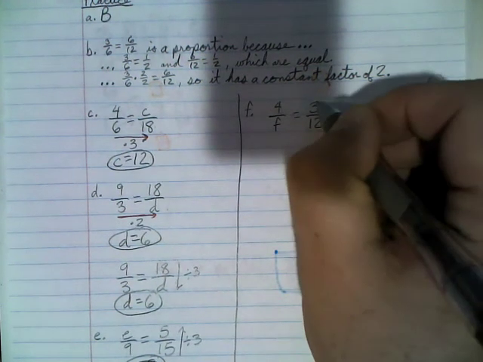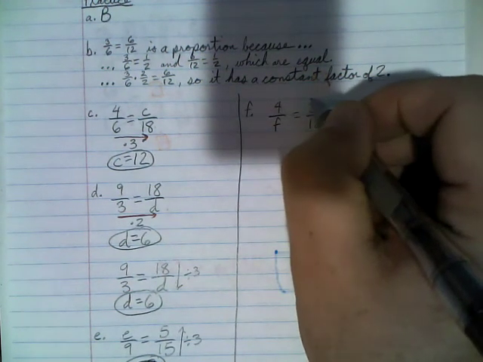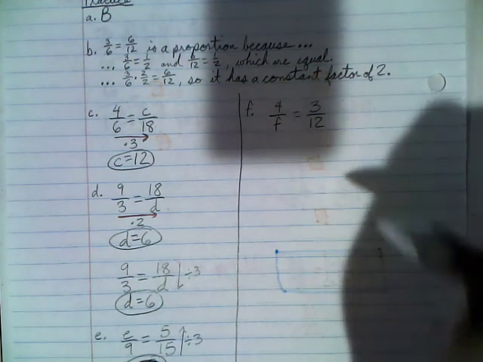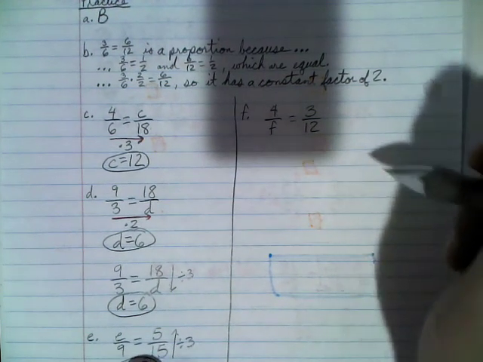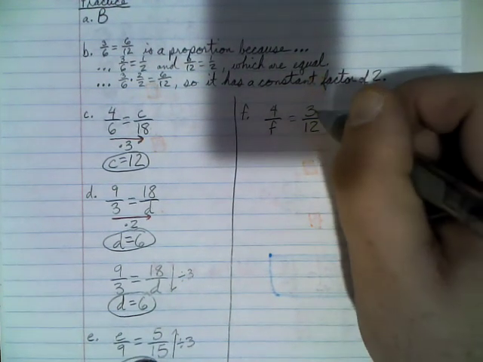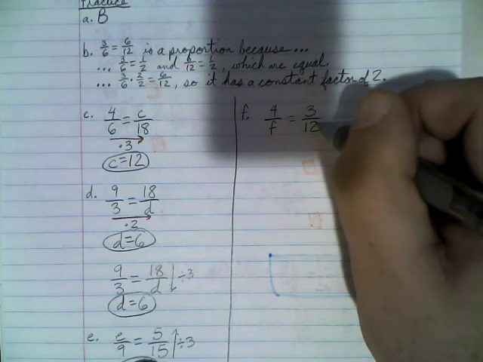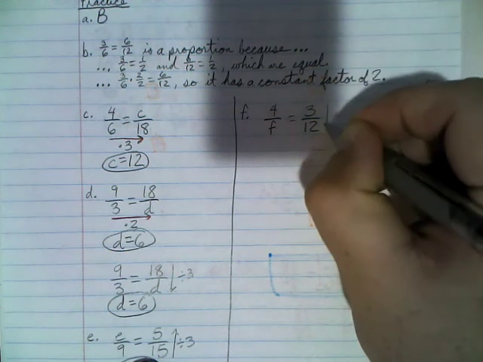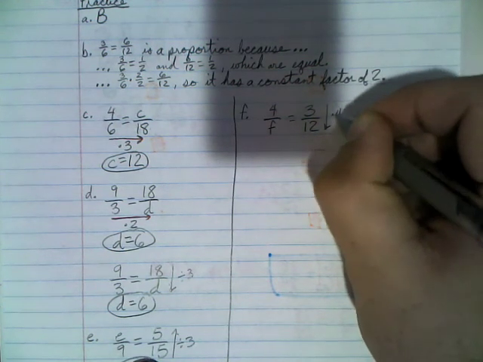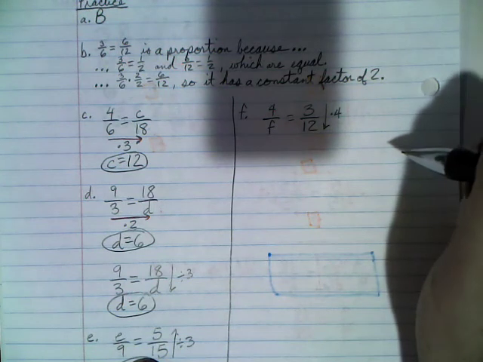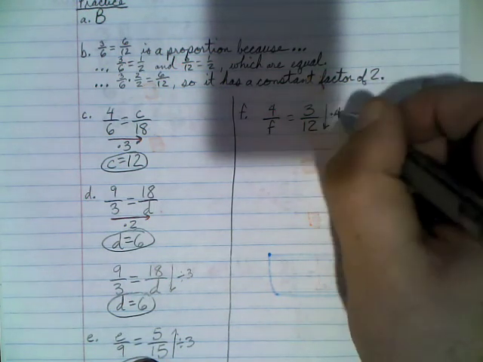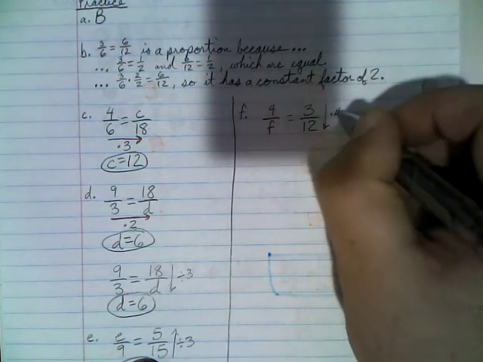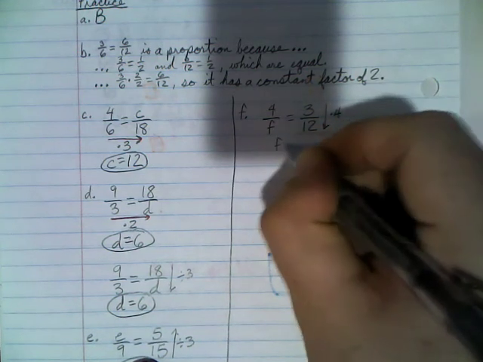If we try to move left, then 3 times or divided by something has to be 4. That's not really easy. But if I move down, 3 times 4 is 12. So if I move down, I could times by 4. So if 3 times 4 is 12, then 4 times 4 is F.